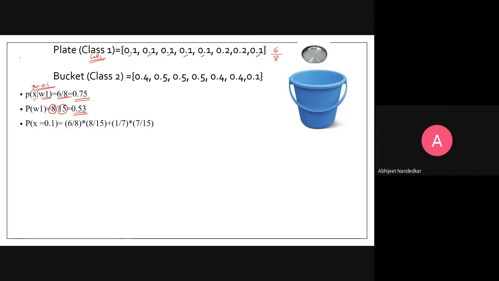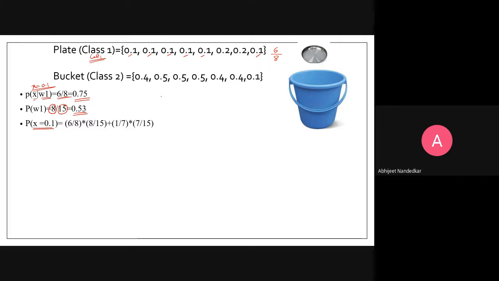Then I want to find out the evidence of point 1. How many times the point 1 measurement is appearing, irrespective of whether it is bucket or plate? So why am I doing all this?